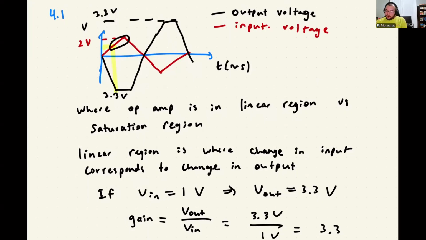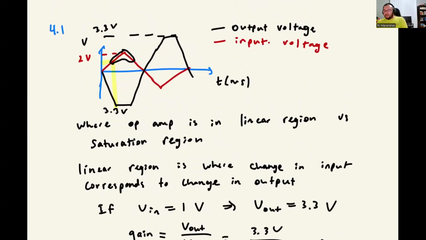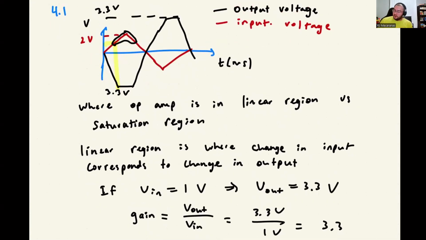So we're in saturation all the way up to, well, I guess it's going up and then it's also decreasing. So whenever we're above 1 volt, we're in saturation basically on the input. So hopefully that's clear to you guys. I know this is not the greatest drawing in the world, but I think it gets the point across at least.